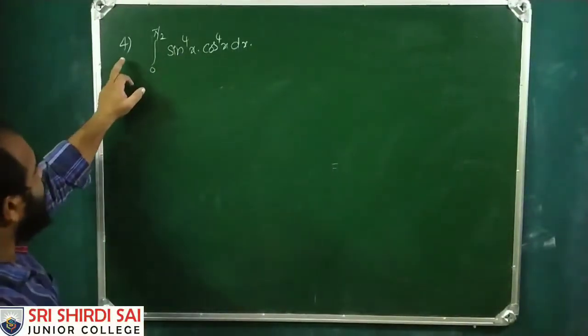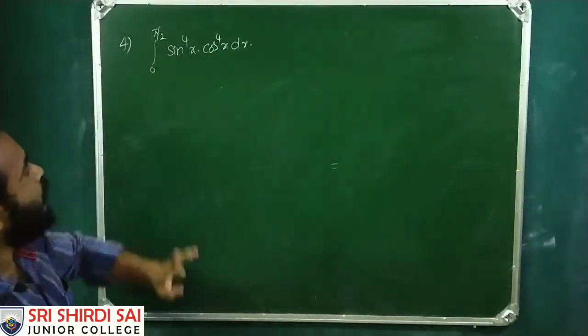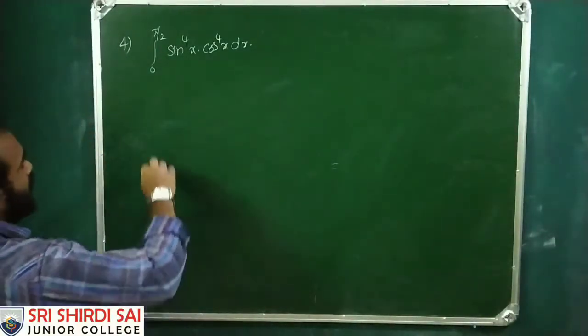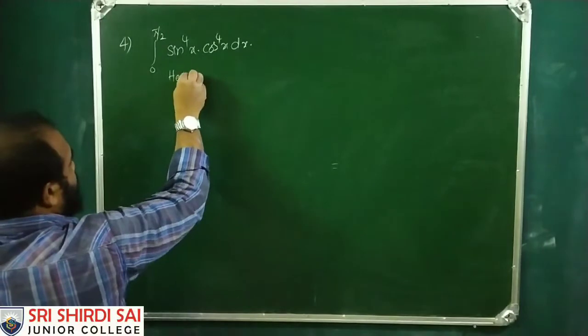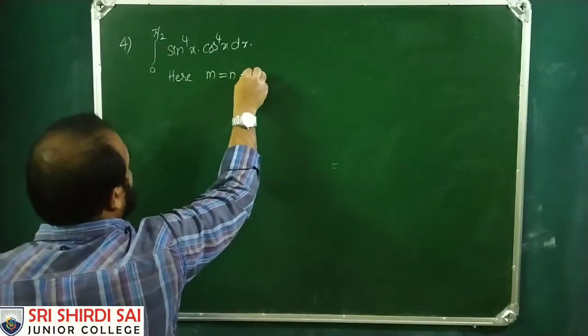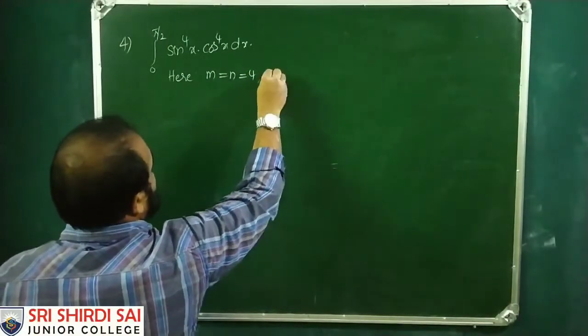The next question is integral 0 to pi by 2 sin power 4x into cos power 4x dx. So here m equals n equals 4, both are even.